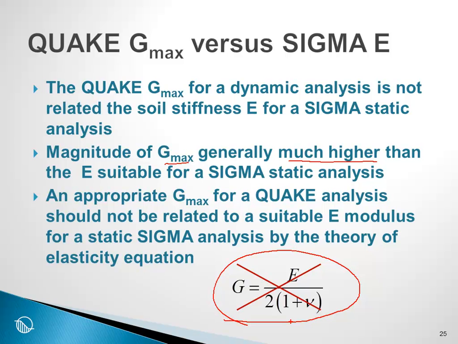So we need to be careful in how we select the shear modulus and the Young's modulus. If you have data on the Young's modulus, you cannot simply use this relationship to get the shear modulus. The shear modulus, for a QUAKE/W analysis, needs to be determined independently of a Young's modulus suitable for a SIGMA/W static analysis.